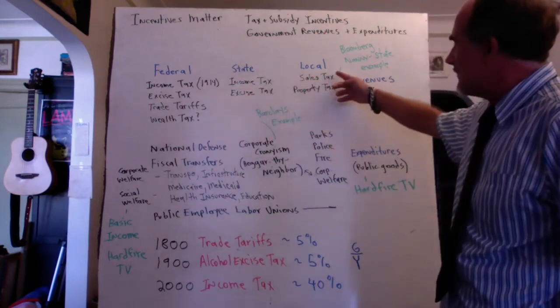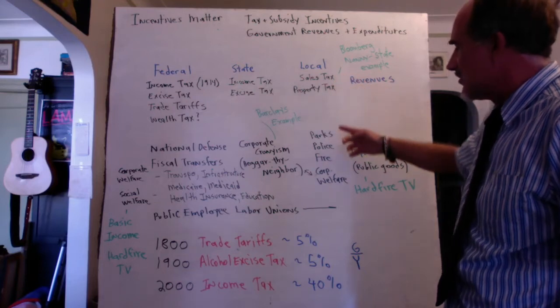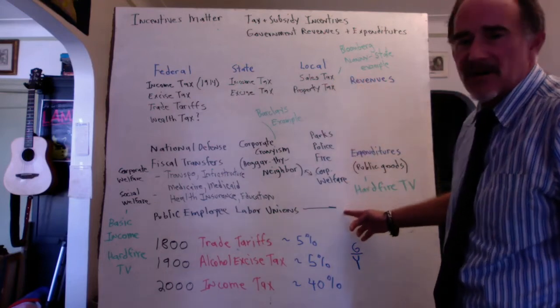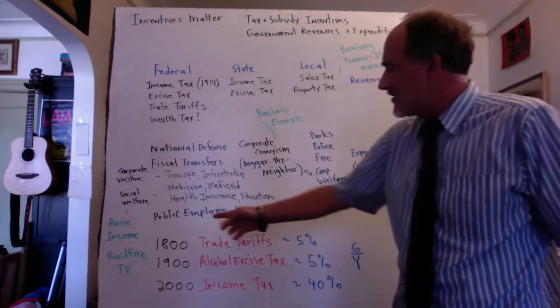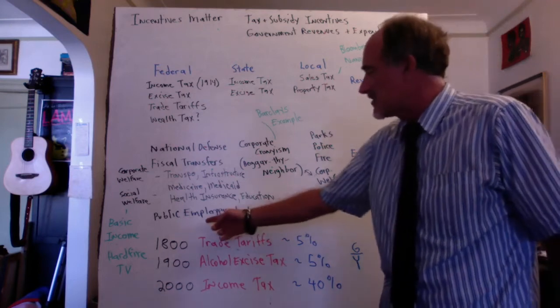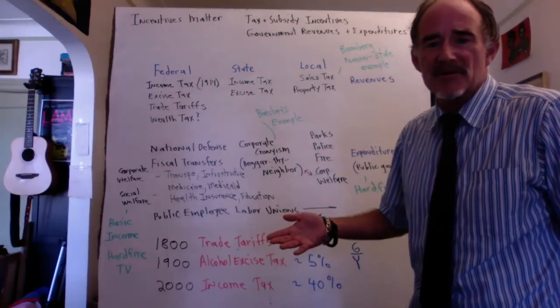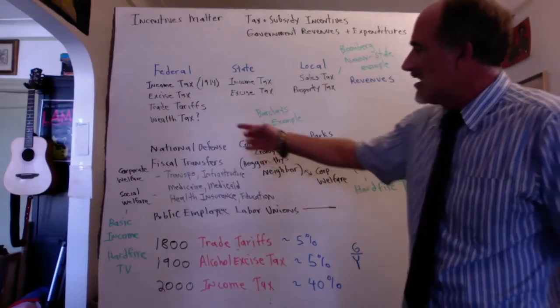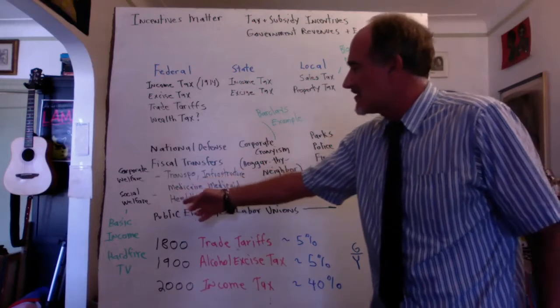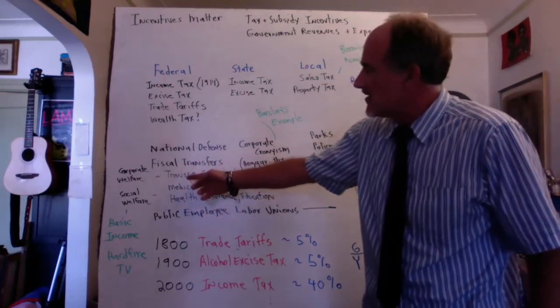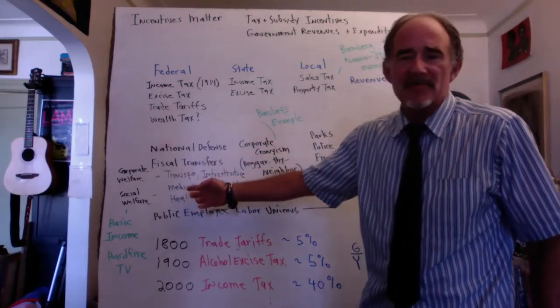For example, the current mayor of New York City has doubled the number of government bureaucrats, most of whom are public employee labor union members, who then vote for those who give them their patronage. And then on fiscal transfers on the social welfare side, corporate welfare and social welfare are 85% of the economy.